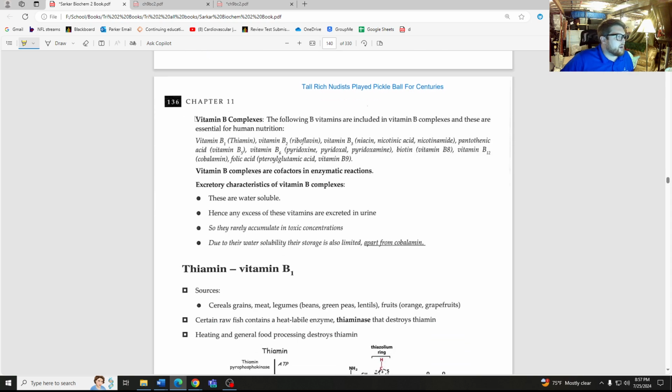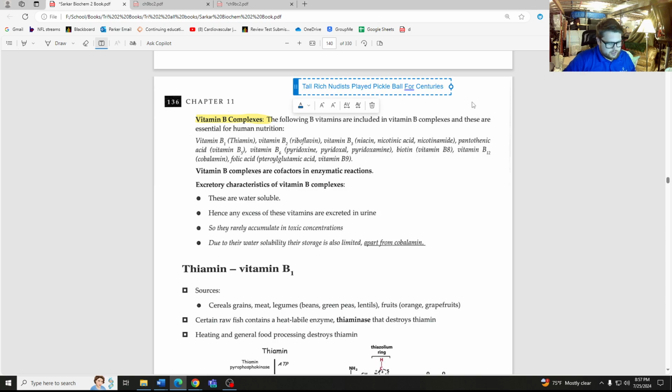So the B complex vitamins, biggest thing, our B vitamins are a good chunk of our water-soluble vitamins. So the ones that we have, remember, are mnemonic. Tall, rich nudists played pickleball for centuries.